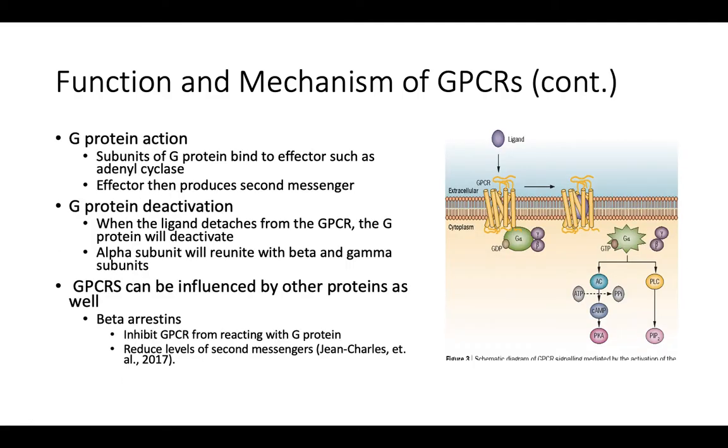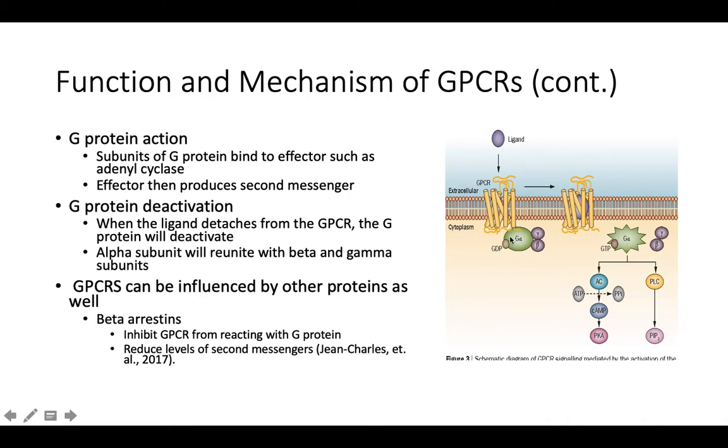Okay, and that brings us to the G protein. We're just going to look at this in a little more depth. The subunits of the G protein, once it's activated, are going to bind to an effector such as adenyl cyclase. Now, I realize that there are other mechanisms that allow a G protein to bind, but that's one of the more well-known ones, so I'm going to use that as an example. You see the ligand binding here?